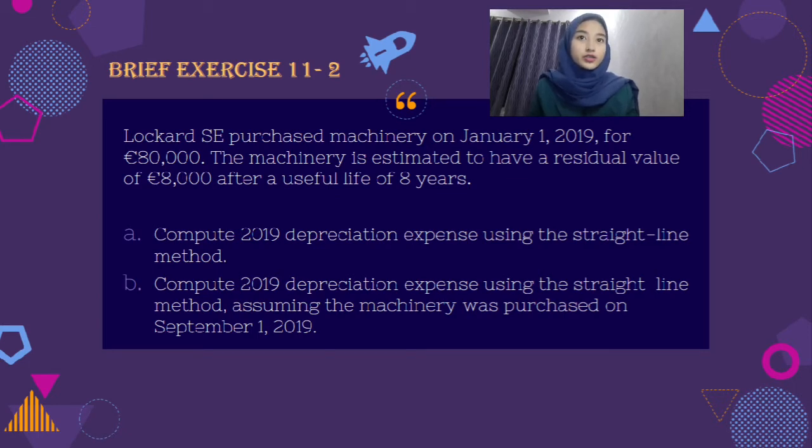The instruction is A. Compute 2019 depreciation expense using the straight line method, and B. Compute 2019 depreciation expense using the straight line method, assuming the machinery was purchased on 1 September 2019.